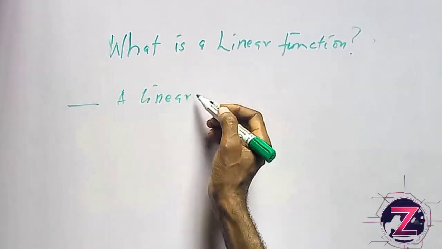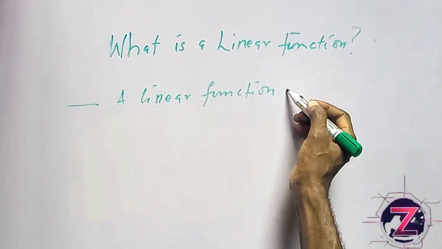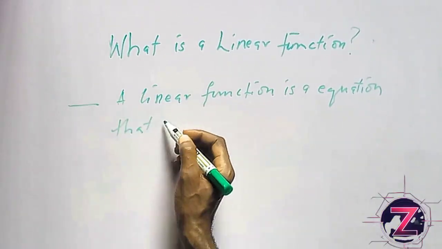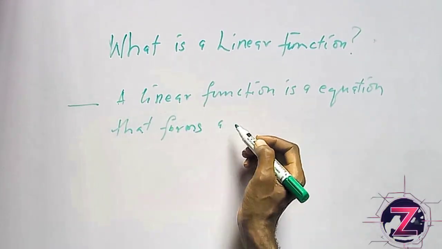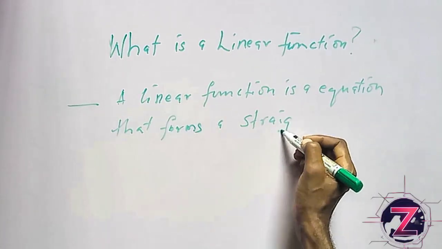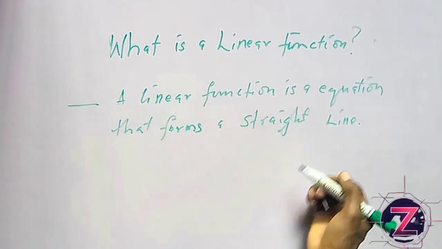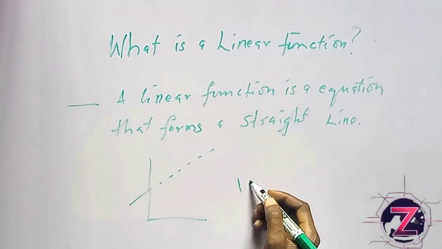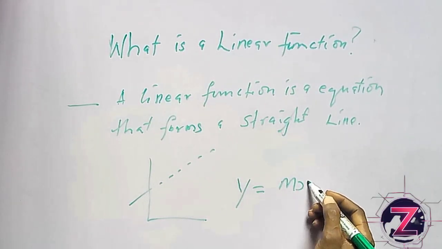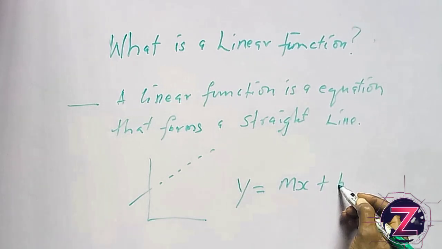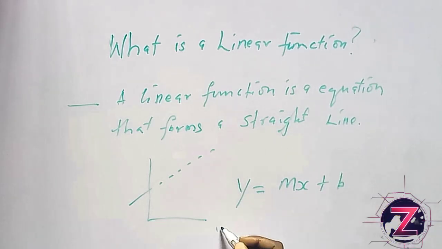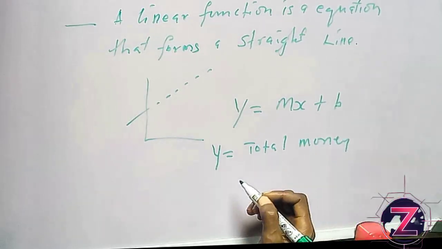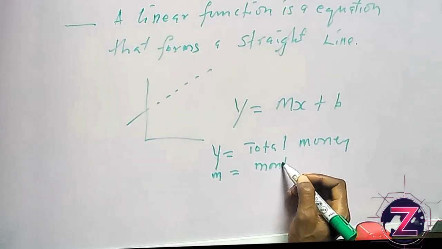A linear function is an equation that forms a straight line where y is equal to m multiplied by x plus b. Y being equal to total money. M is equal to monthly change.